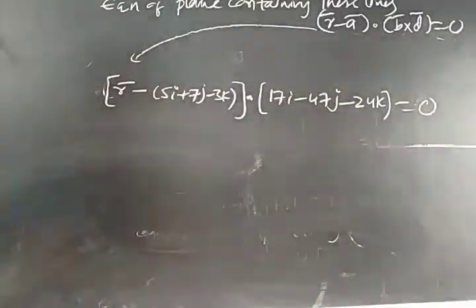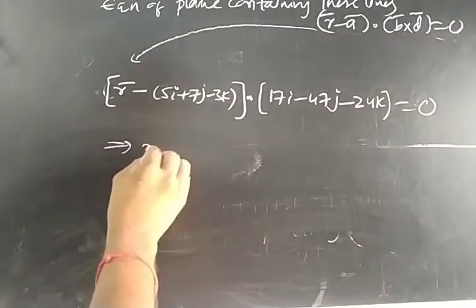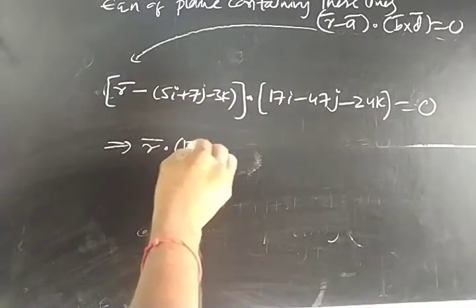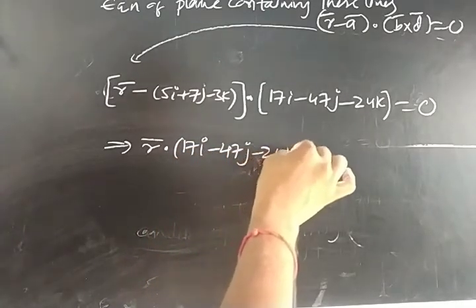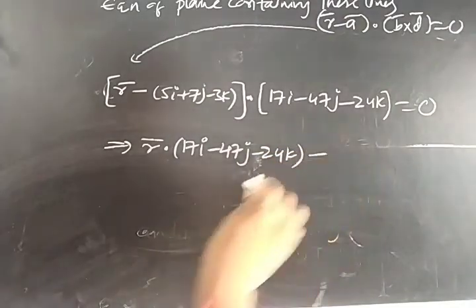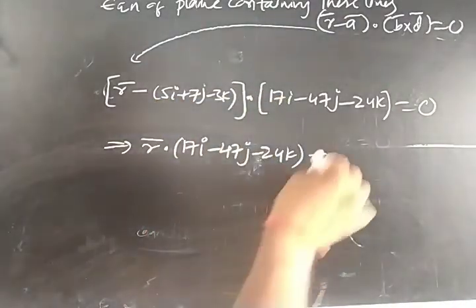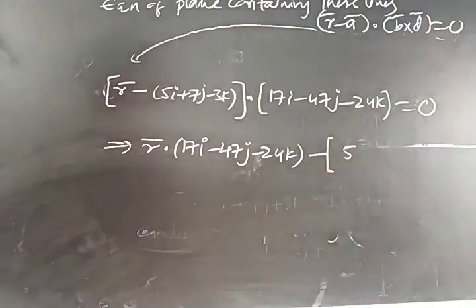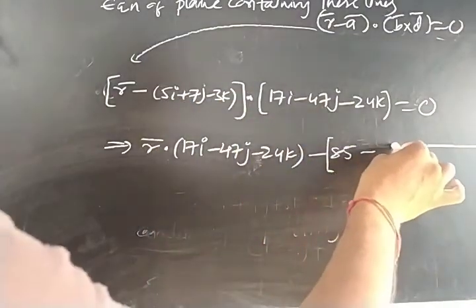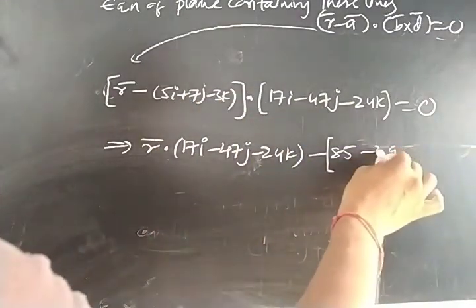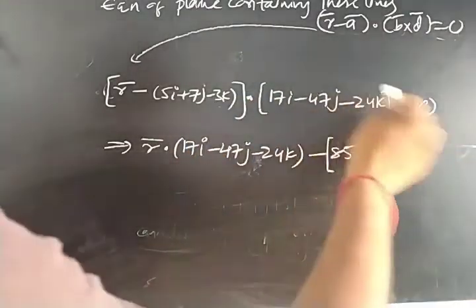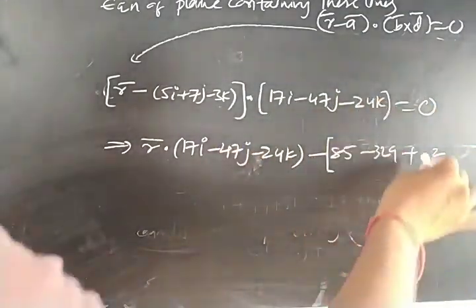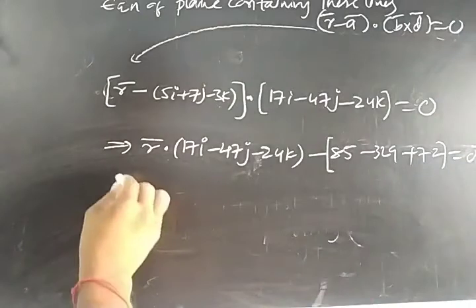Now by simplifying this, you will get R bar dot (17i minus 47j minus 24k) minus 5 times 17 is 85, minus 7 times 47 is 329 with the sign, minus 3 times 24 is 72, is equal to 0.